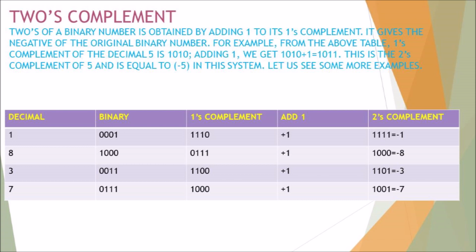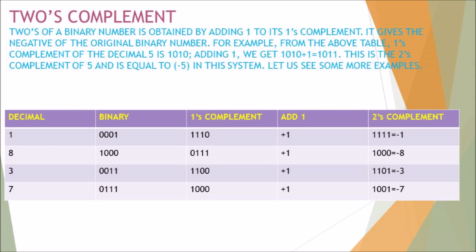Now adding 1, 0 plus 1 is 1. The remaining three ones will be the same. So the 2's complement is 1111. That is the value of minus 1. So the decimal number is 1.